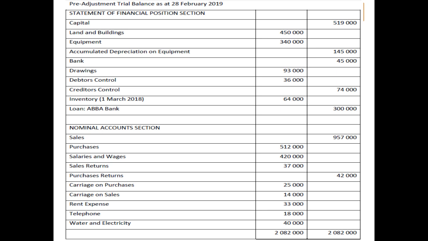I don't know if it makes sense, but it doesn't matter. At the end of the day, it's all the same thing, because under perpetual they give us cost of sales. Under periodic we have to calculate the cost of sales.